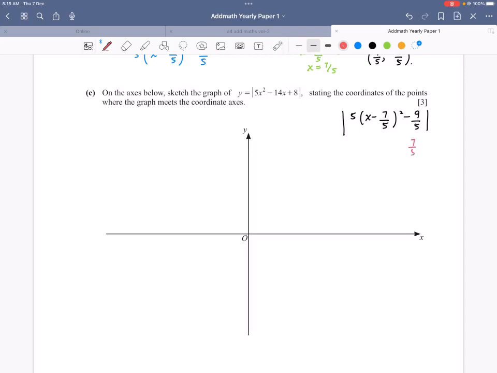If I plot this point, the decimal value of 7 over 5 is 1.4, and 9 over 5 is 1.8.